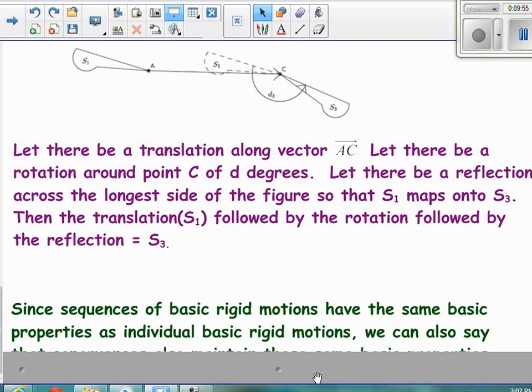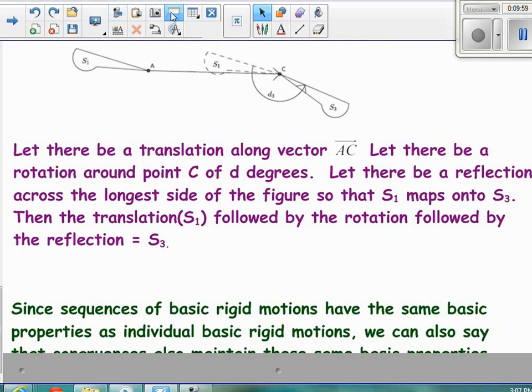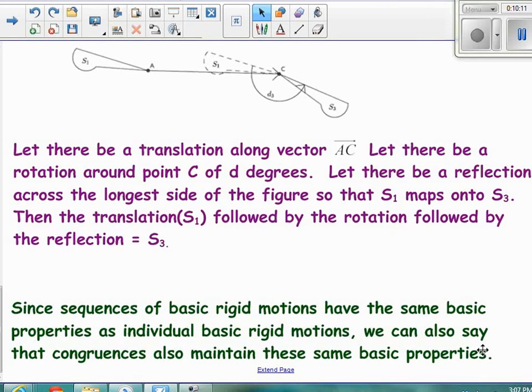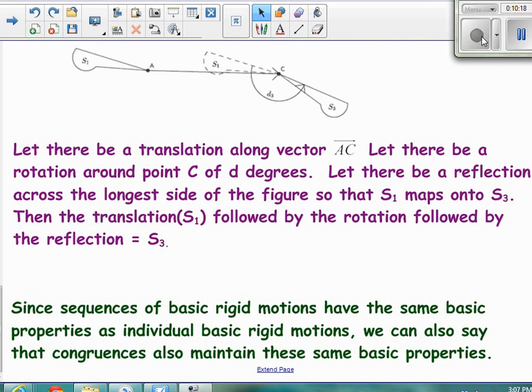Since sequences of basic rigid motions have the same basic properties as individual basic rigid motions, we can also say that congruences also maintain these same basic properties. In other words, given that sequences enjoy the same basic properties of basic rigid motions, we can state three basic properties of congruences.